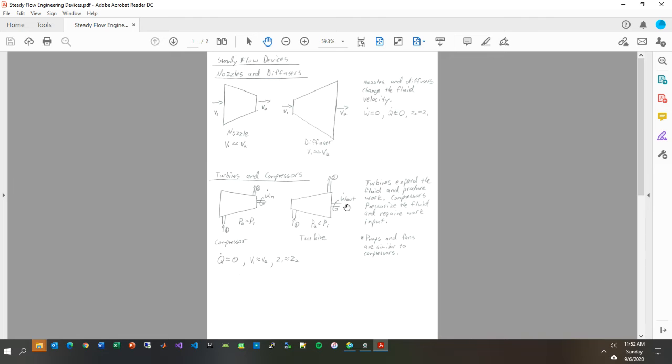The change in kinetic energy is usually taken to be negligible unless otherwise told. And again, unless these devices are gigantic, the change in potential energy is also 0. This class of devices also covers things like pumps and fans. They're similar.